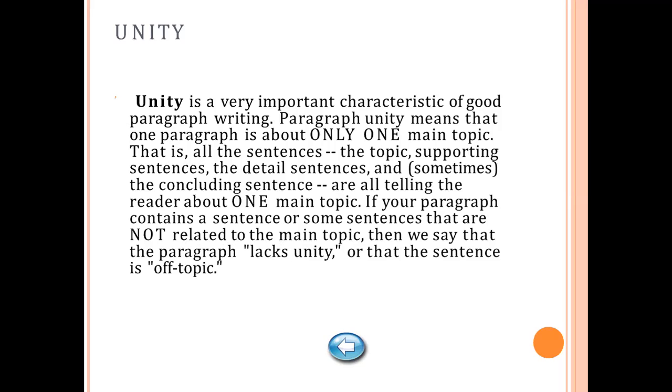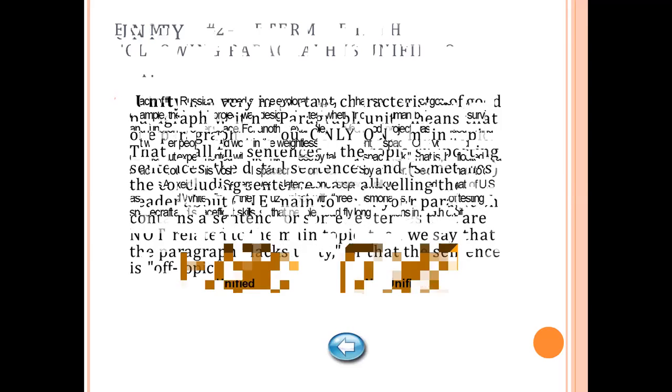If your paragraph contains a sentence or some sentences that are not related to the main topic, then we say that the paragraph lacks unity, or that the sentence is off topic. Unity is made up of the main topic, supporting sentences, detail sentences, and concluding sentences, because they come together, and this is called unity.